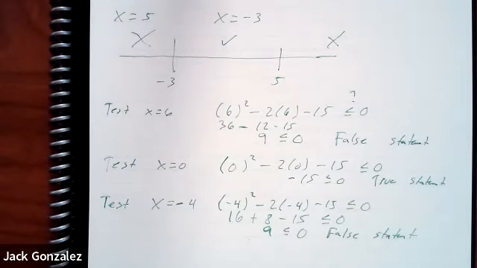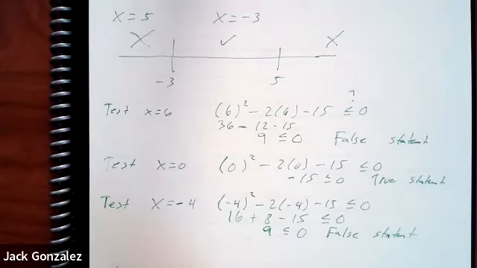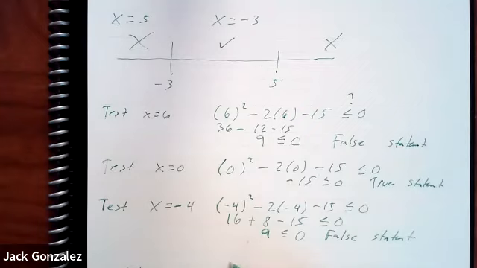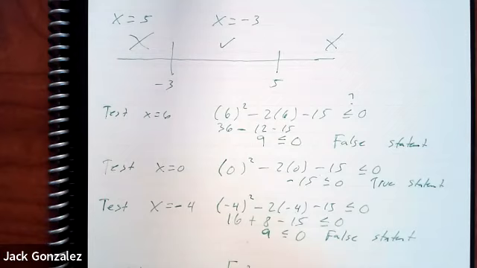So what is the solution set? Yeah, it would be everything from -3 until 5, right? With brackets.